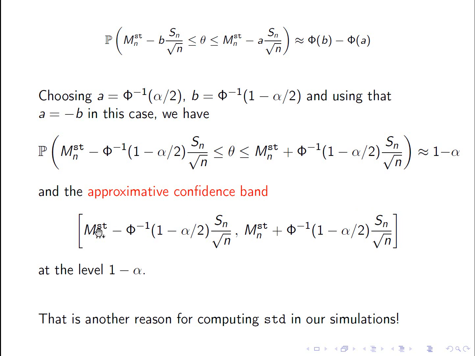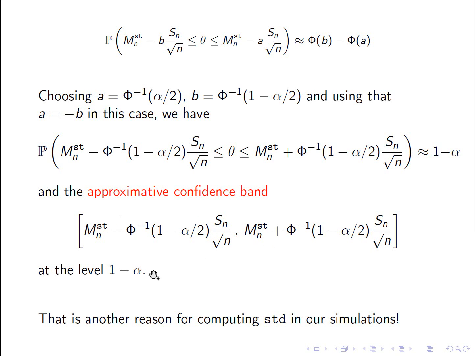So if we look at the estimator minus the inverse distribution function of the standard normal distribution evaluated at minus alpha half times Sn divided by square root of n, and take the standard estimator plus this bound instead of minus, then we know in the limit our value which we want to estimate lies in this interval with probability 1 minus alpha.